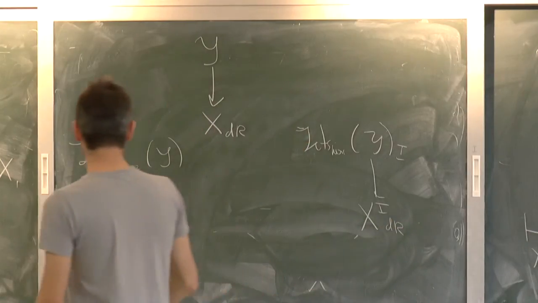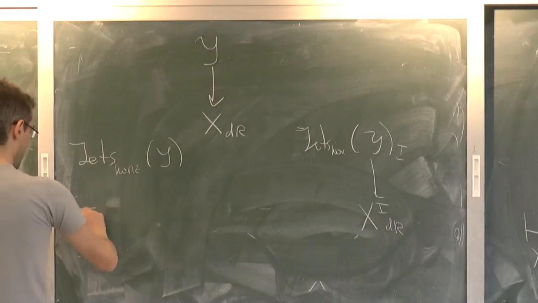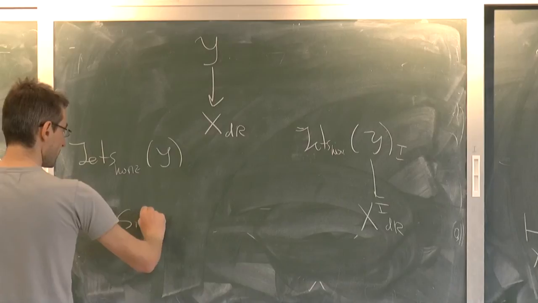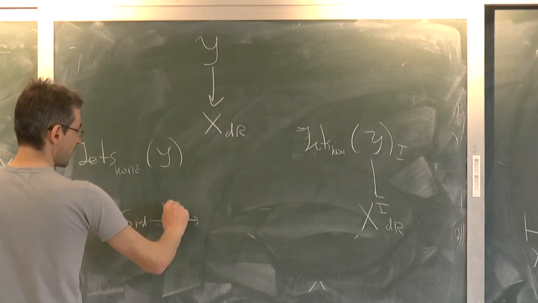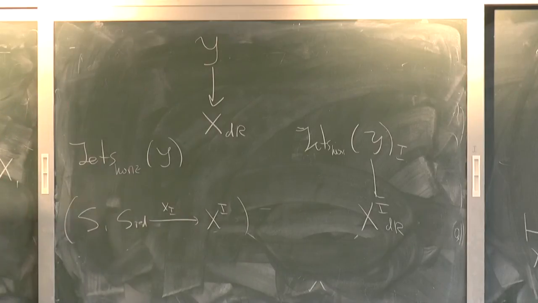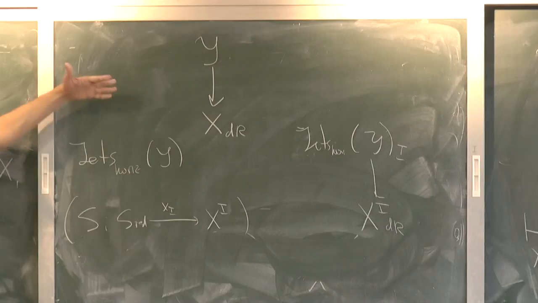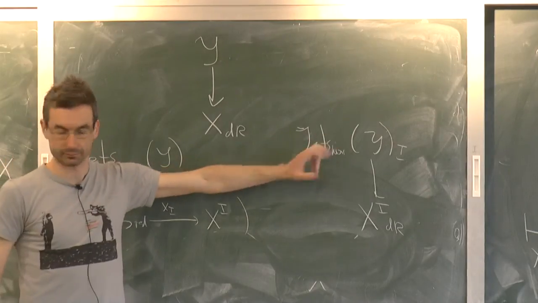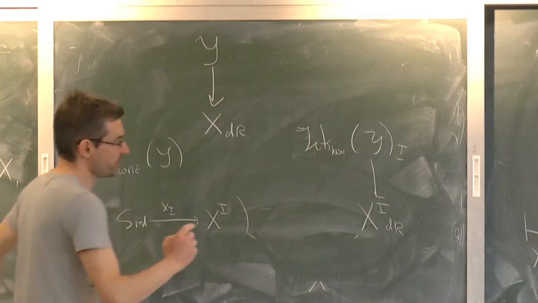So I start with the same kind of datum. I start with a map S to S reduced, call it X^I to X^I. And I have to say what kind of data it is to lift this to a point of this. So here's the definition. Again, I'm just repeating what Sam said.